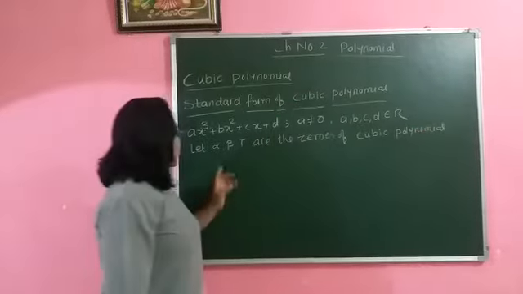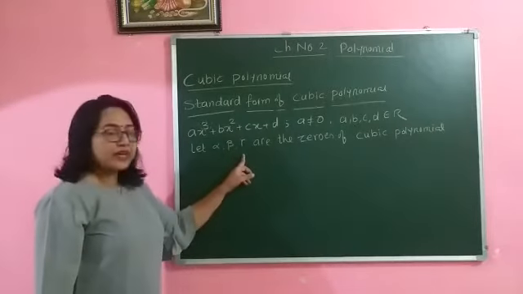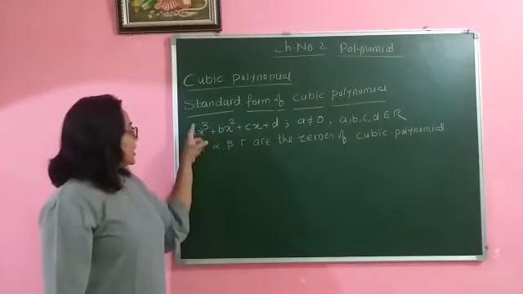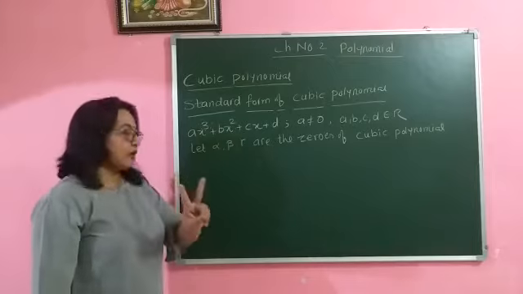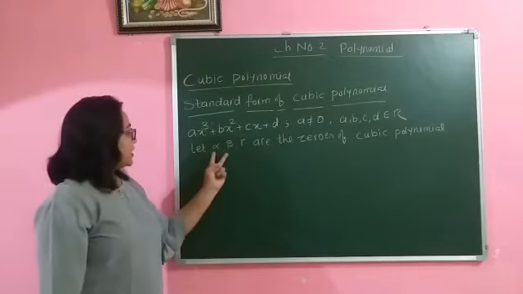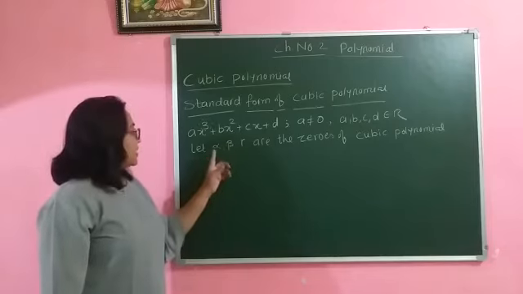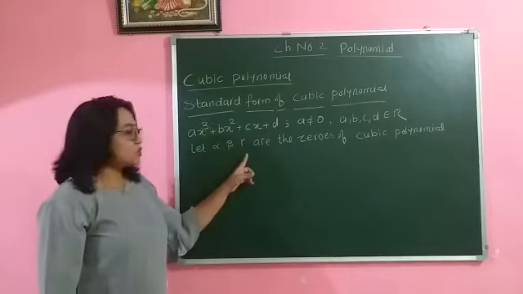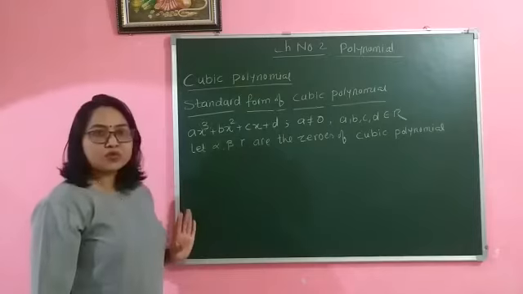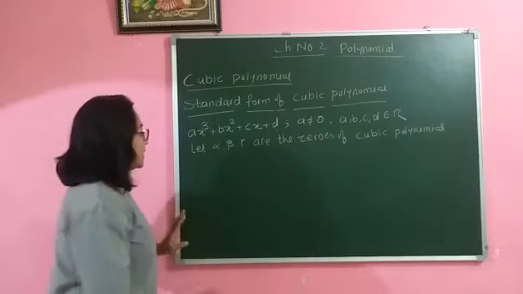Why am I taking alpha, beta, gamma here? If the degree is 2, then you will get at most 2 zeros, alpha, beta. If the degree is 3, then at most we will get 3 zeros. That's why I am taking alpha, beta, gamma. So alpha, beta, gamma are the 3 zeros of this cubic polynomial.